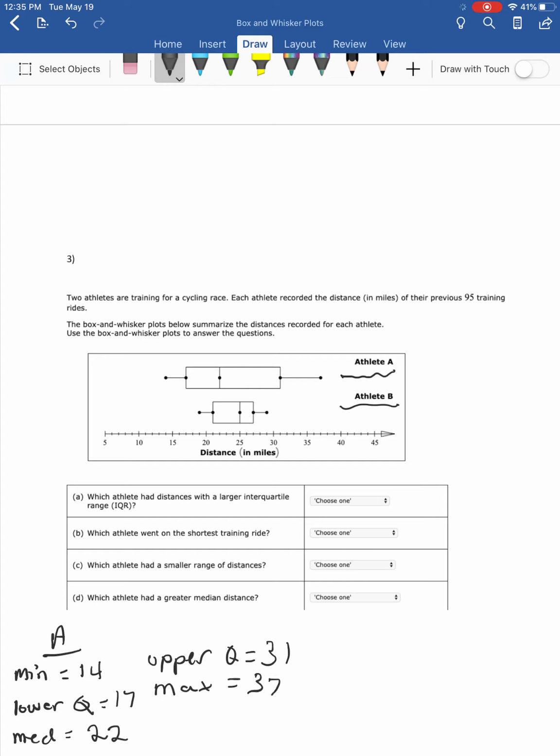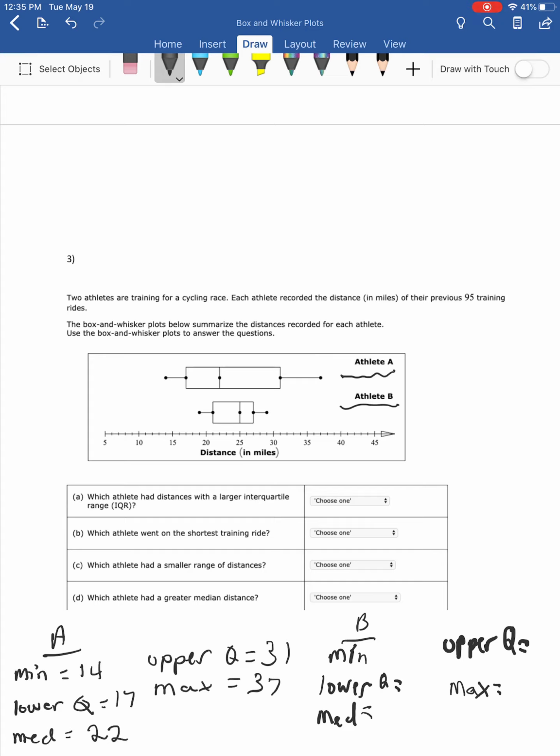Okay. And then for athlete B, min, lower quartile, median, upper quartile, and maximum.